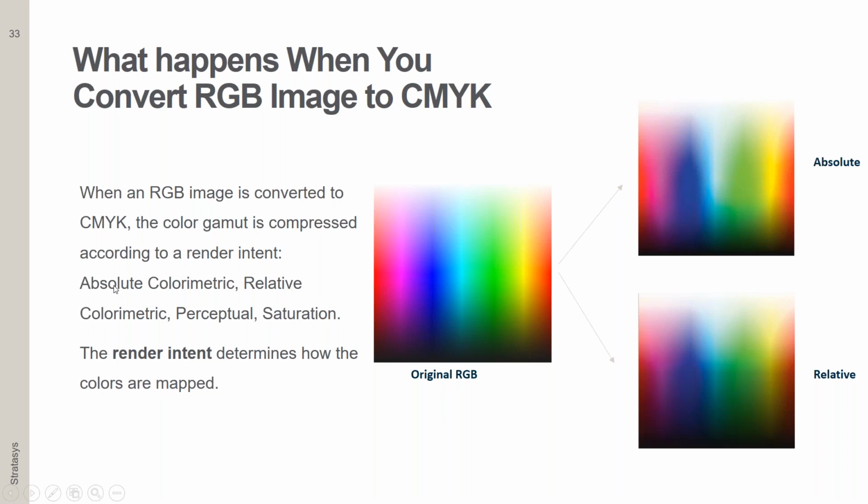So mainly we use in our 3D printers the absolute and the relative colorimetric. We also have some perceptual and saturated profiles, but mainly we use relative and absolute. The rendering intent determines how the colors are mapped, or let's say adjusted to this specific material.